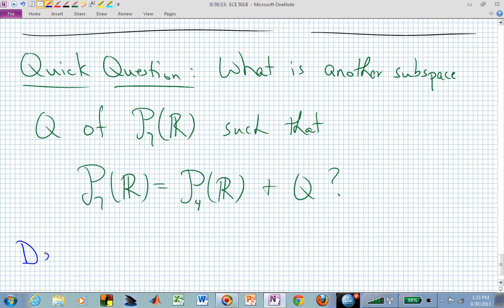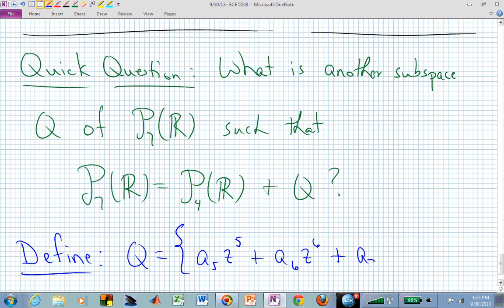On the exam, you would simply need to create or build such a subspace Q, and one such subspace would be this set of polynomials, let's say a z to the fifth, z to the fifth. So now we're going up in polynomial order, z to the fifth. P sub 4 is just fourth order. Let's now go all the way up to the seventh order.